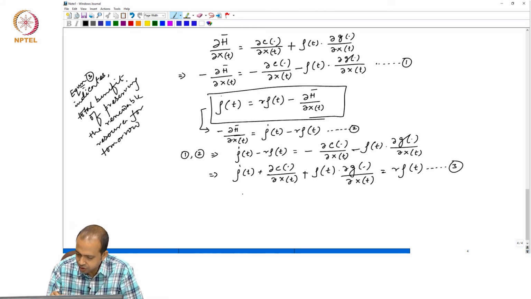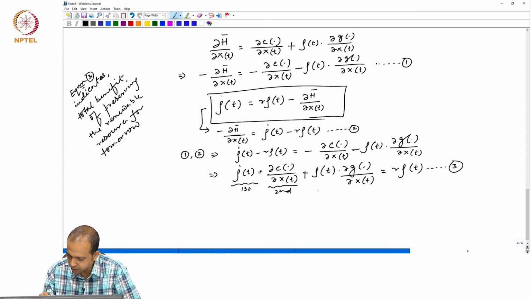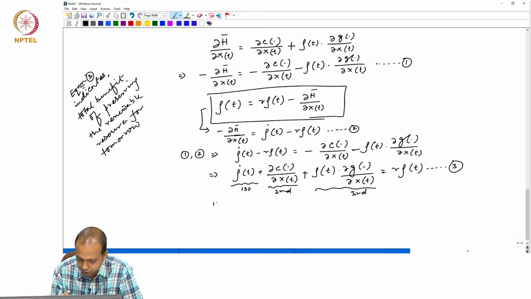So, there are 3 components in equation 3. Let us say this is the first component, then this is the second component, and this is the third component. So, first component indicates capital gain like the non-renewable resource.